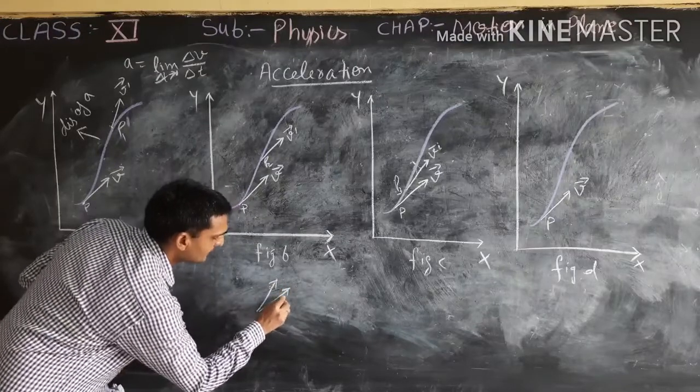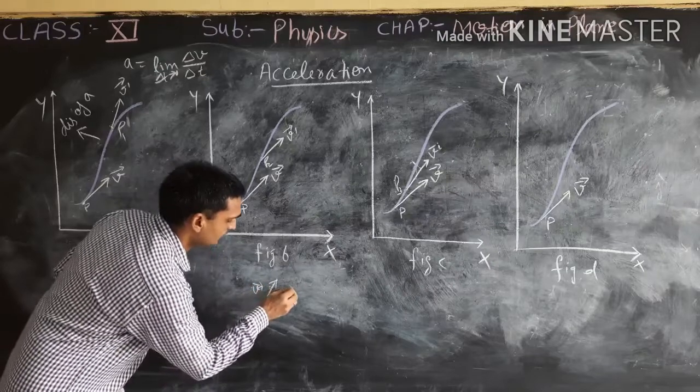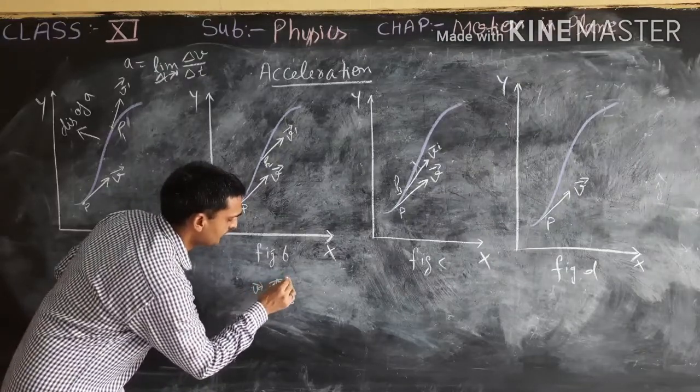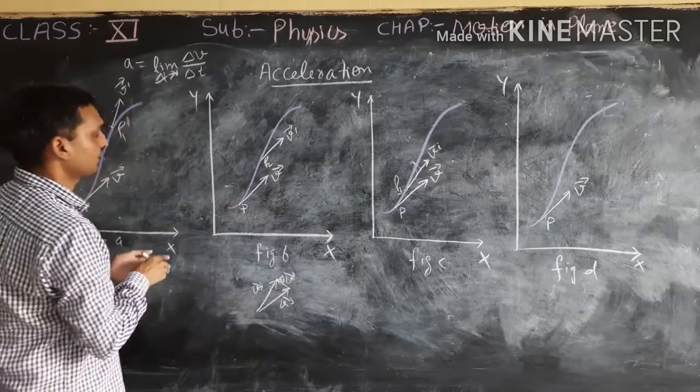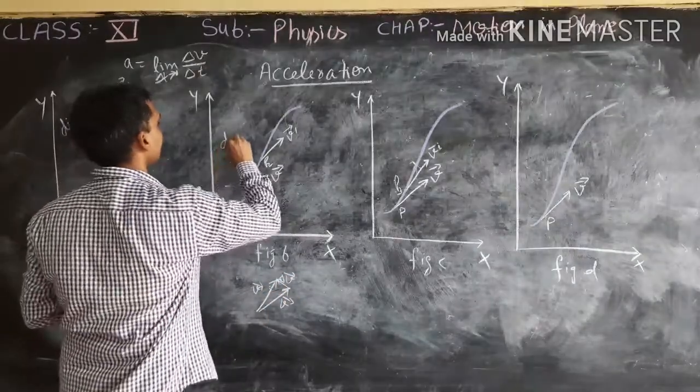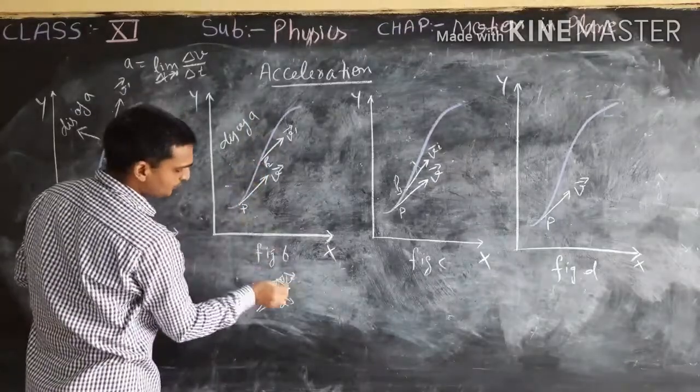v dash, this component is delta v, change in velocity. Direction of a is parallel to this component.